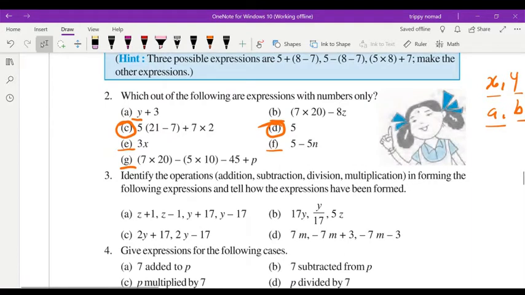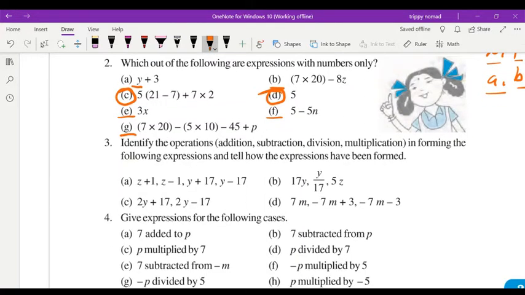Identify the operation, addition, subtraction, division, multiplication, in forming the following expressions and tell how the expressions have been formed. Children, here addition, subtraction, addition, subtraction. So you will write in the A part there are four expressions, and here multiplication, 17 into y, that means multiplication.